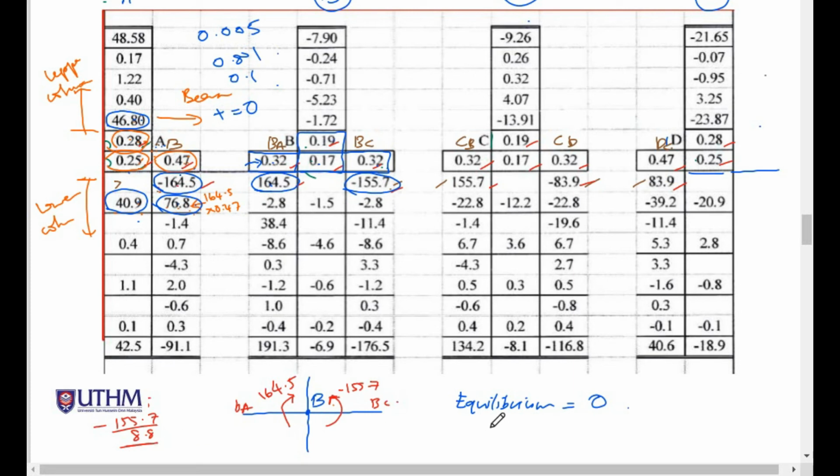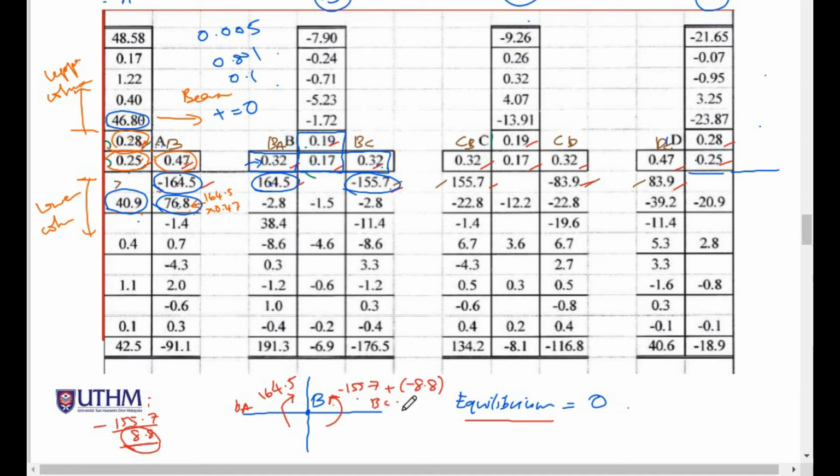Okay, to make sure this joint B is in equilibrium condition, which is 0, no rotation, we need to balance the 8.8, and this should come from the negative sign, so we need another negative 8.8. Okay, 8.8. Betul kan? Saya buat simbol macam ni.